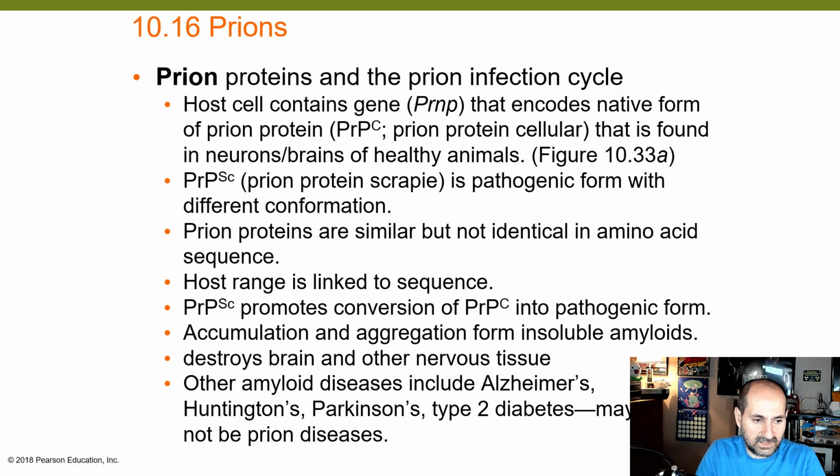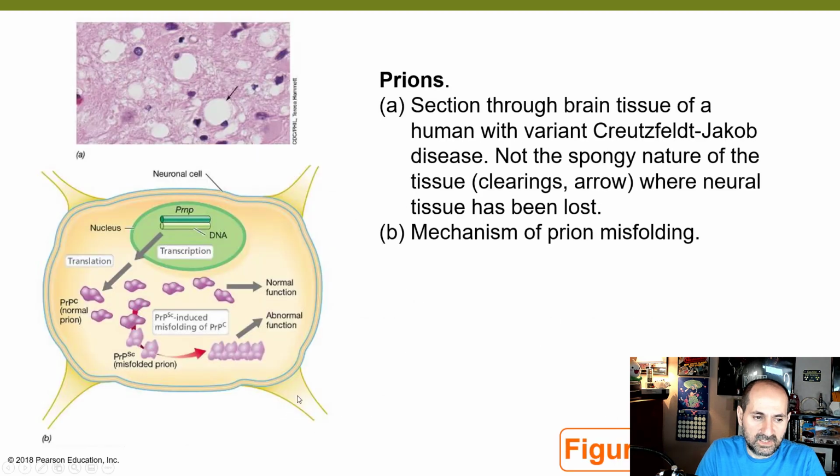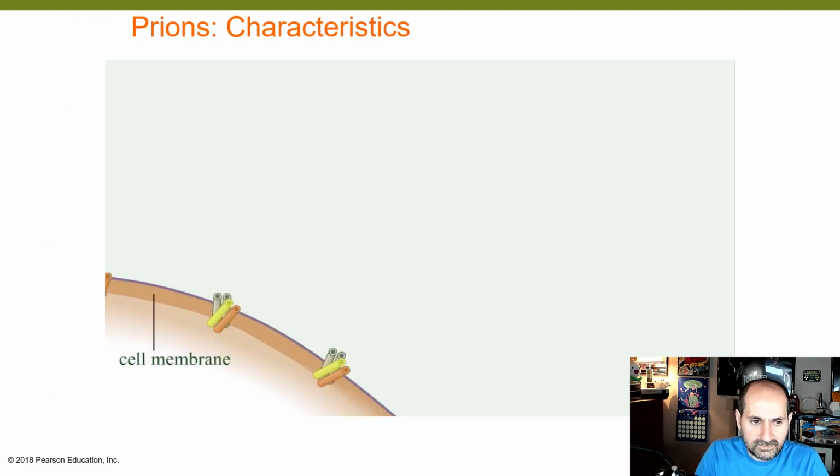So you could see here accumulation and aggregation of these prion proteins form insoluble amyloids, which destroys the brain and other nervous tissue. Other amyloid diseases include Alzheimer's, Huntington's, Parkinson's, type 2 diabetes. These may or may not be prion diseases, but they end up having effects similar to these prion diseases.